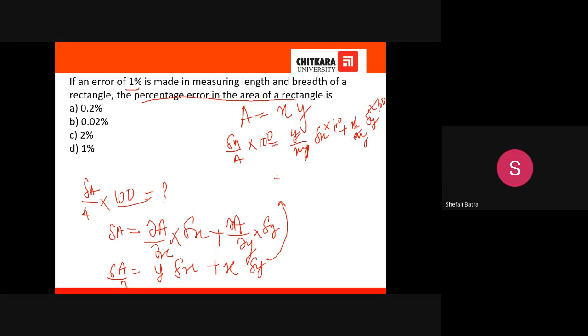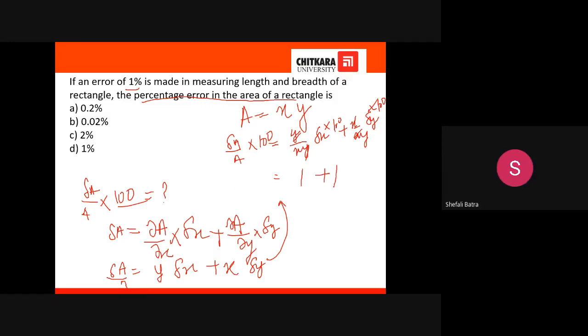So delta x upon x into 100, what is the value of this? That is the percentage error in x, percentage error in length, which is given as 1%. Then plus delta y upon y into 100, again 1.